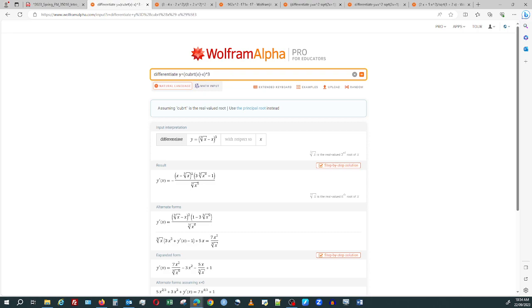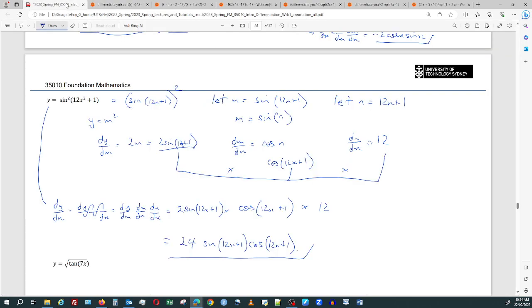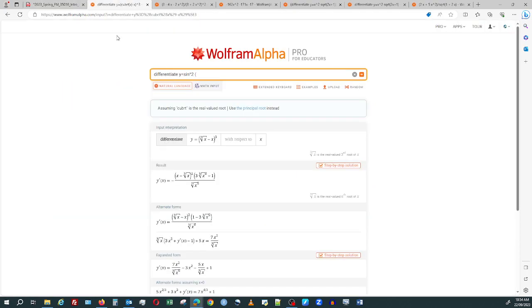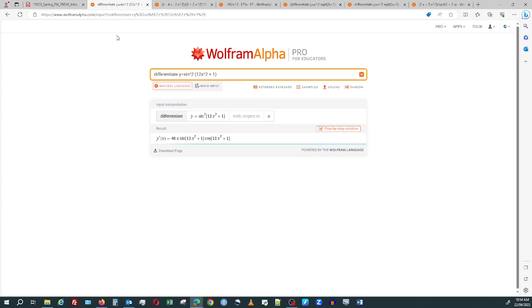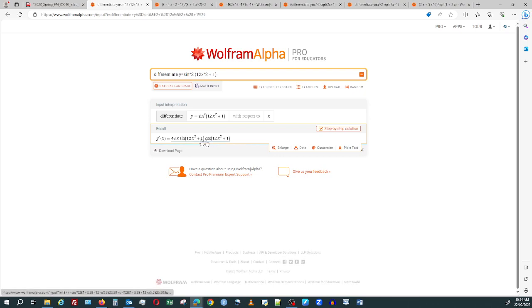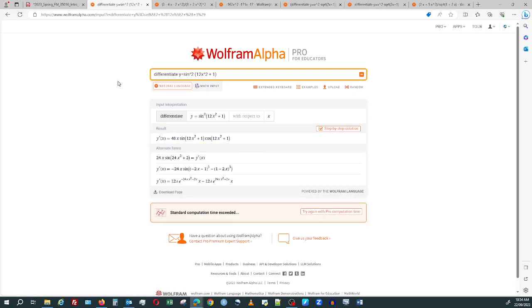So we can do sine to the power 2, then put our argument of 12x squared plus 1, and Wolfram should be able to see that for what it is, and so it gives you this: sine 12x squared cos, now 48x. I think I've made an error there.